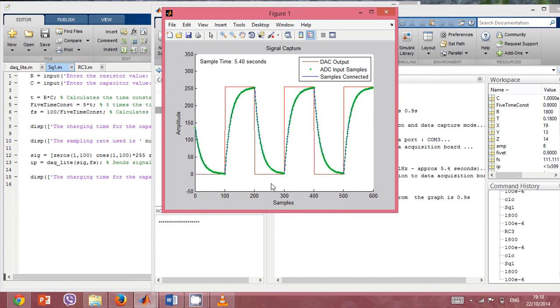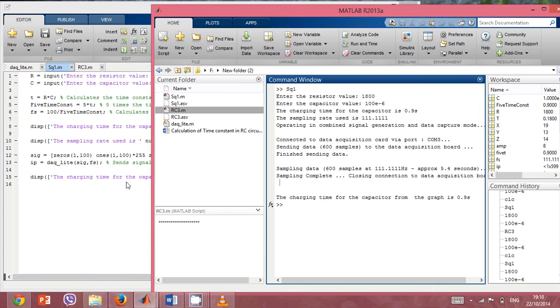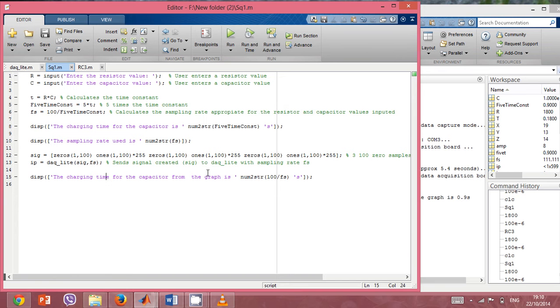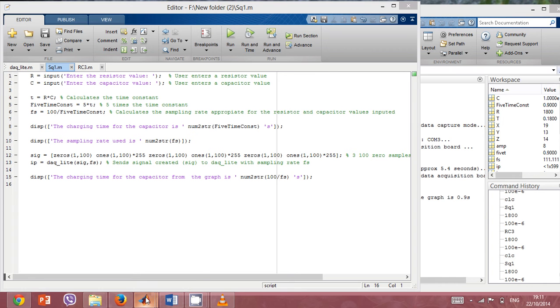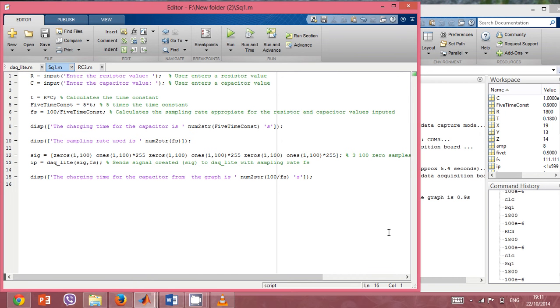We set that in the code, and to prove that the RC circuit is working, we took 100 samples over the sampling rate that we calculated that's appropriate to our time constant, and we got 0.9, and that's the value that we calculated by hand.